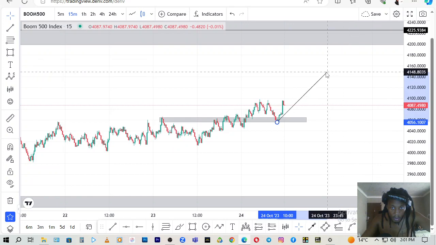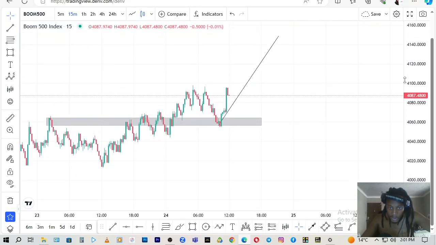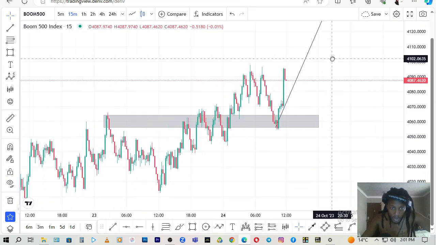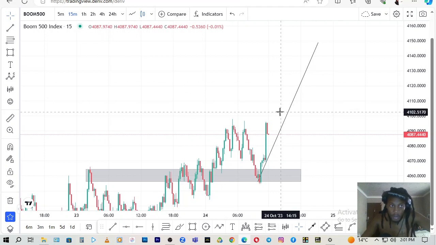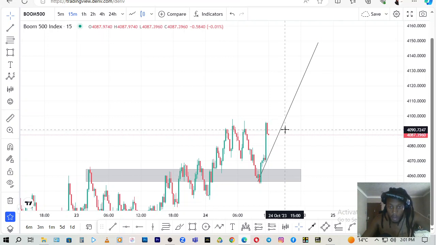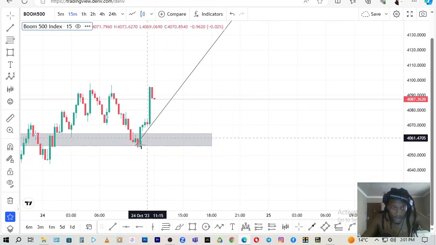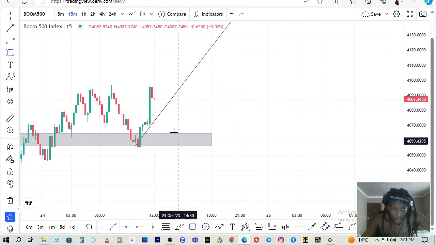So we might be coming to this level over here before another pullback or a major correction on the 15 minutes time frame on Boom. So let me see, this is my 50% of this.